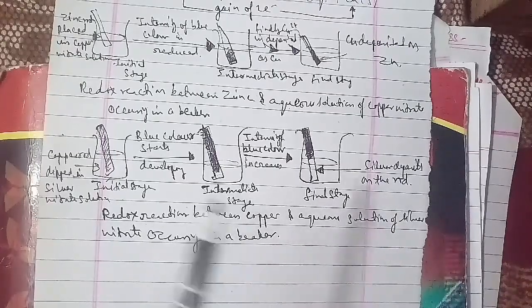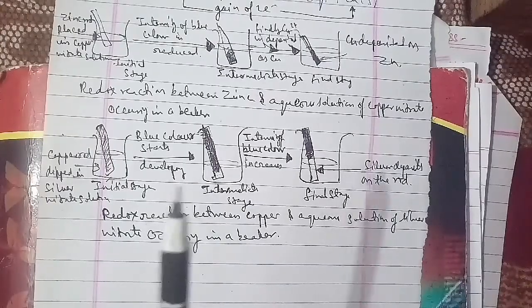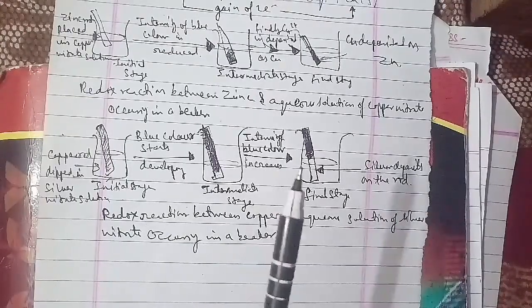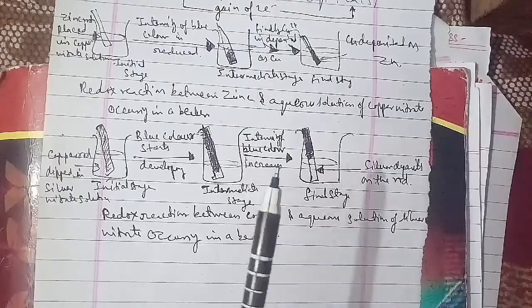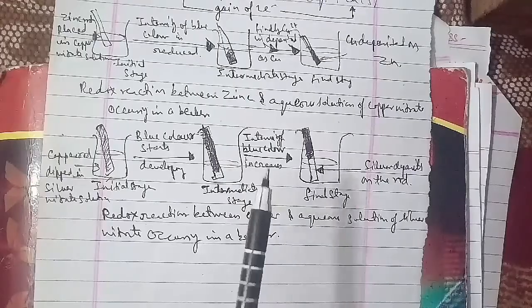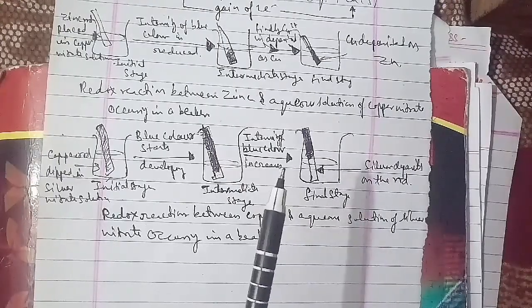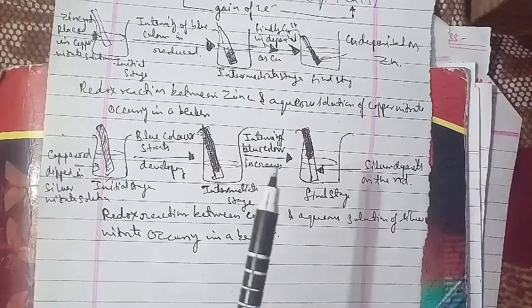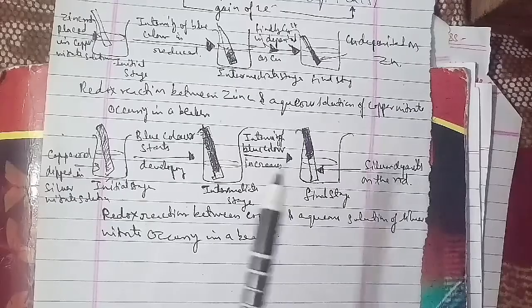Zinc releases electrons to copper, and copper releases electrons to silver, and therefore the electron releasing tendency of the metals is in the order Zn greater than Cu, greater than Ag.